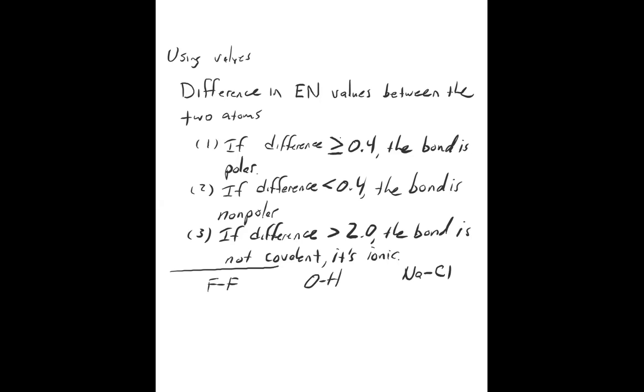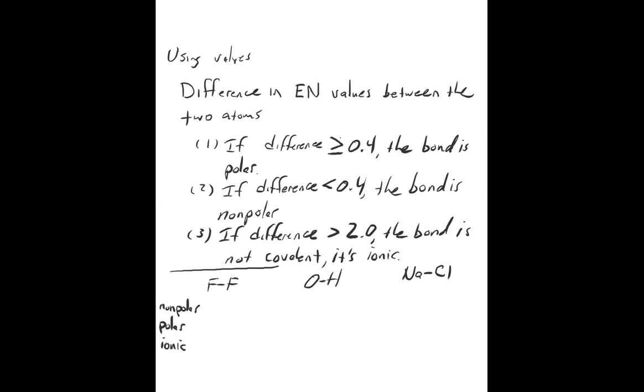Okay. What we're going to do is determine whether these bonds, I have 3 bonds shown there, are polar, nonpolar, or ionic. In fact, let's do it this way. Nonpolar, polar, and then ionic. Okay, those are our 3 options.